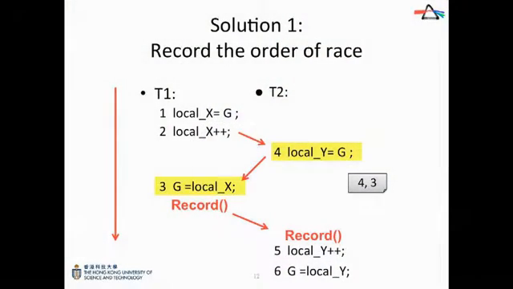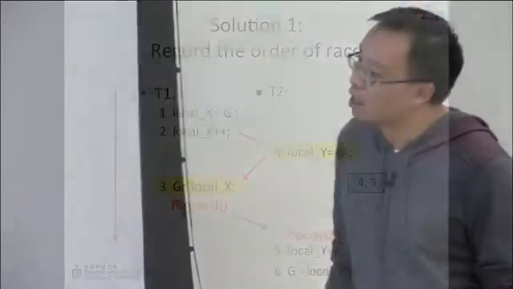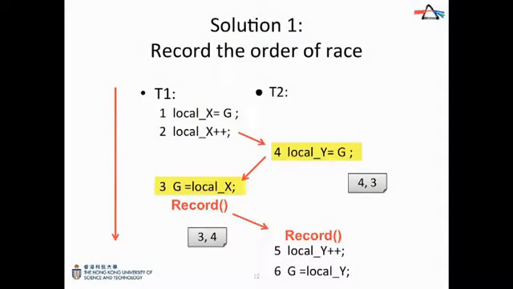But again, since we're doing user level instrumentation, our instrumentation code also suffers from the perturbation of the scheduling, right? So our instrumentation code can be executed later than the other instrumentation code on T1, on thread 1. This will produce a log of 3, 4. Right? So if we use that log to replay this whole program, as shown by my earlier illustration, we're going to produce a different result.